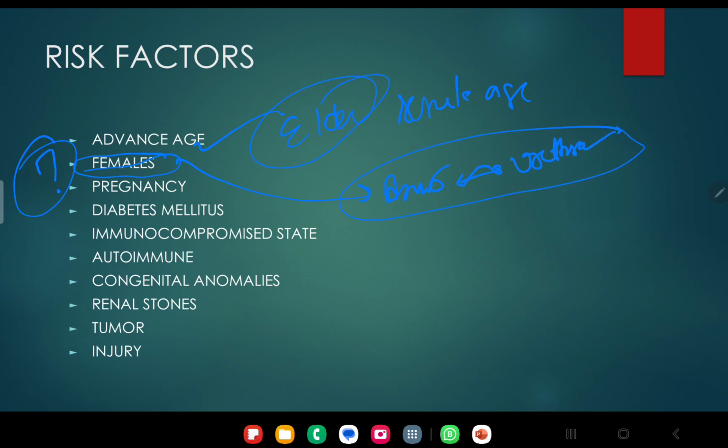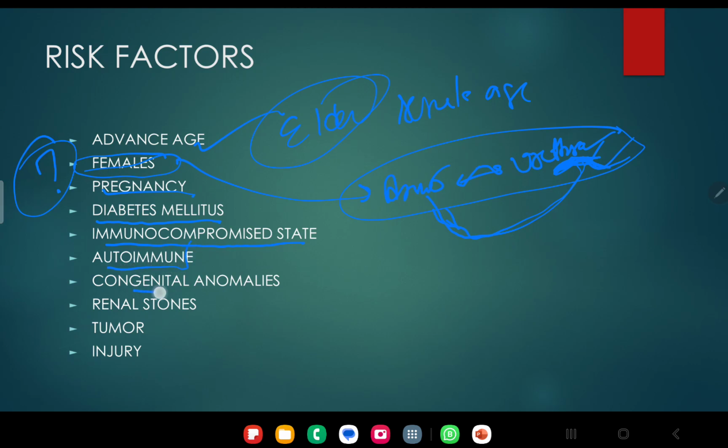So, what does it cause? It causes the transmission of normal microflora of colon to the urethra, and when these bacteria reach there, they induce inflammation. Other risk factors: pregnancy, diabetes mellitus, immunocompromised state, means when the patient is suffering from any disease earlier and the body becomes very weak, the immunity becomes weak, and any opportunistic bacteria can induce infection.